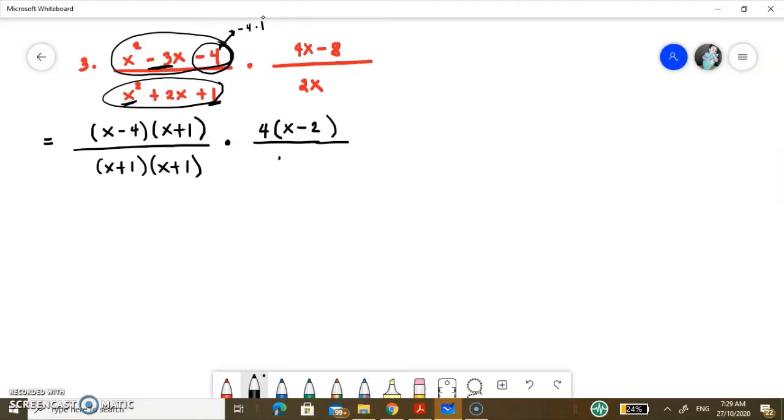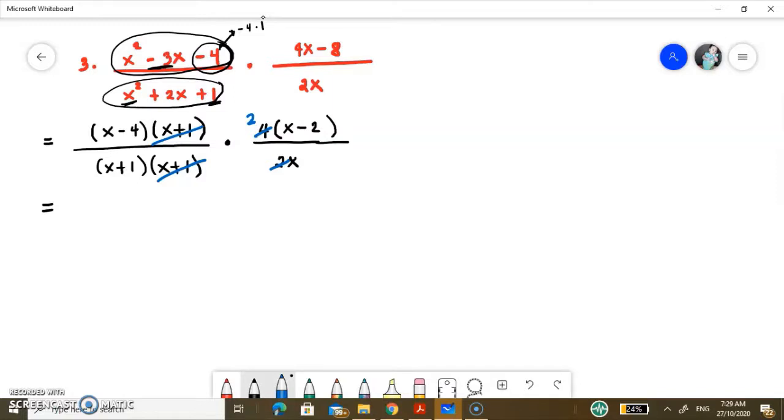And then you have 2x. Hindi na siya ma-factor. So cancel out ang mga pwedeng ma-cancel. Ang pwede ma-cancel dyan. Yan lang, right? Okay, this one. 4 divided by 2 is 2. Okay?